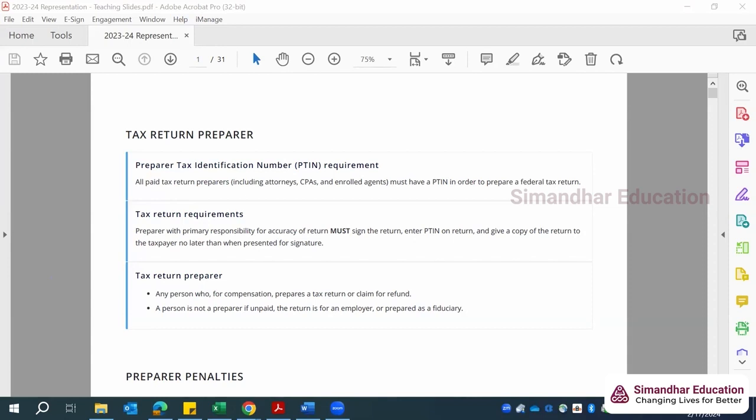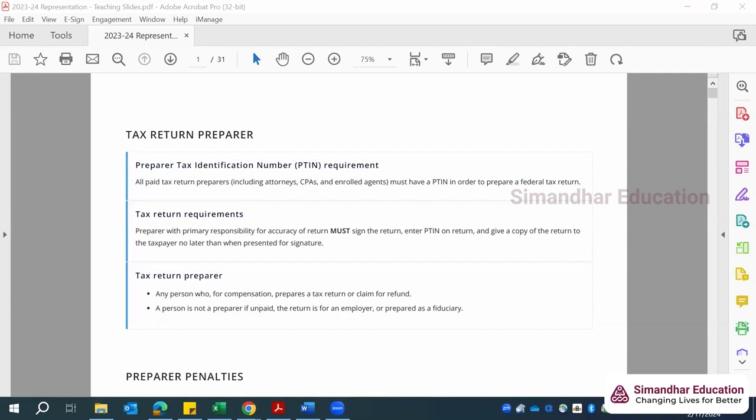Okay, so you do not have to be an EA, or a CPA, or an attorney or a lawyer in order to be called a preparer. Anybody who is preparing a US tax return, it can be a business return, it can be an individual return, anybody who is getting compensated to prepare the tax return is called a tax return preparer.